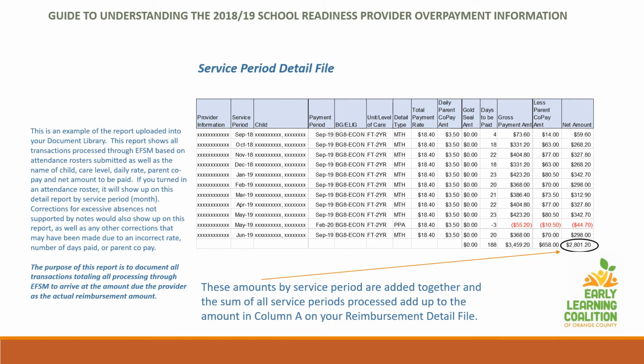This detailed report shows you all activity for the whole of 2018-19 that was processed to compute your actual reimbursement. The report will differ in the number of pages by provider, depending on the number of children you served. Please take a moment to review this slide.